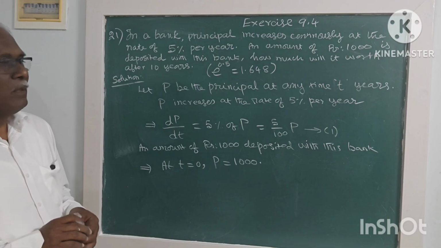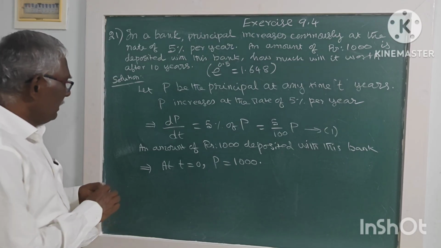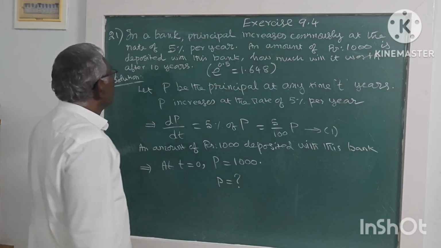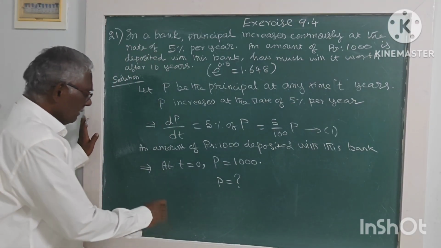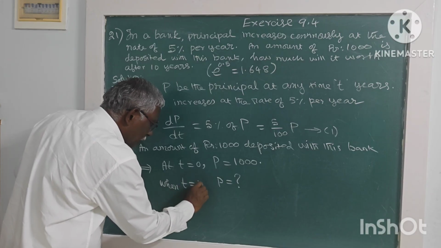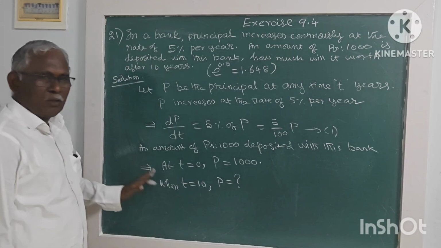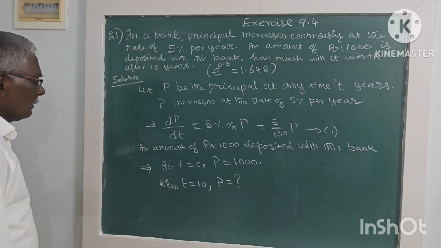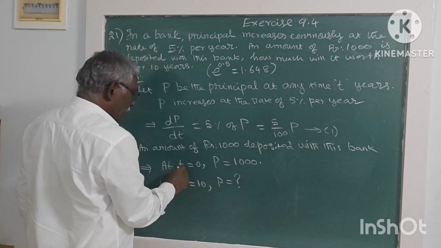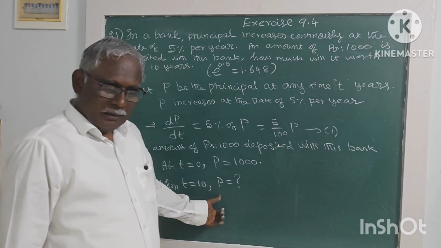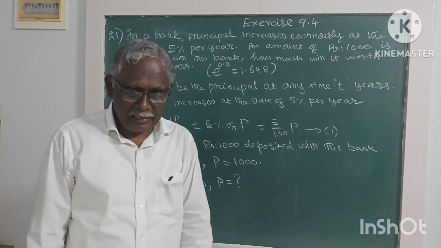How much will it be worth? That means P is how much after 10 years, when T is equal to 10, P is how much? So this is the differential equation and this is the condition, and we have to find the value of P by putting T is 10.